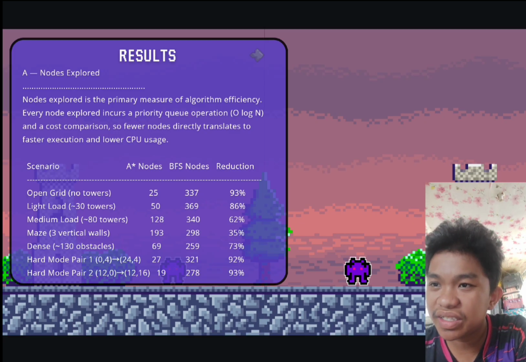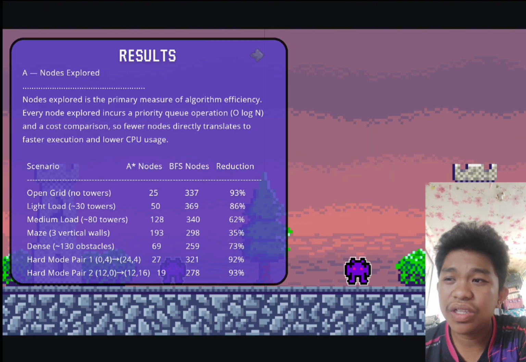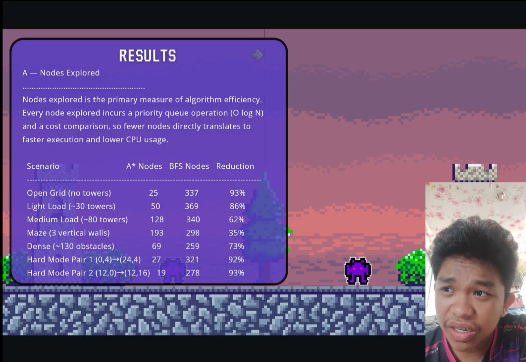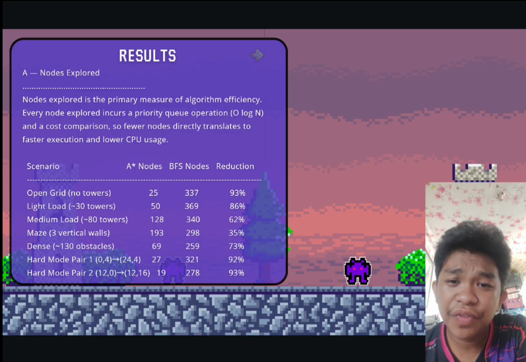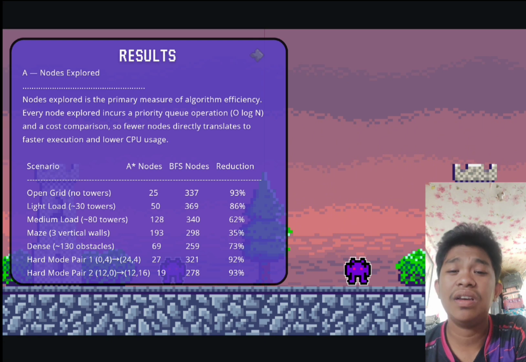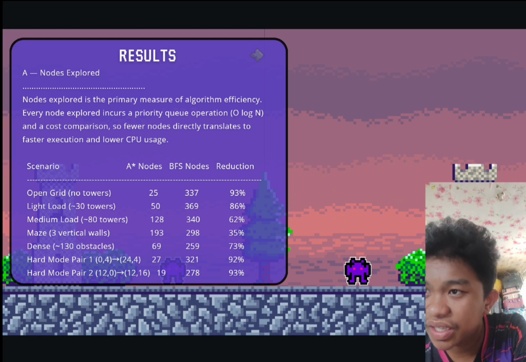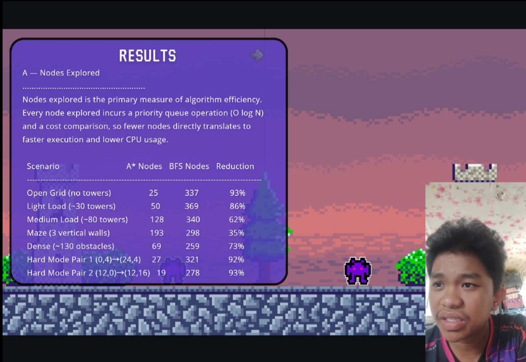The open grid result is particularly striking. A-star evaluates only 25 of the 425 cells, or 5.9%, to find the optimal path, while BFS evaluates 337, or 79.3%, before reaching the same goal.